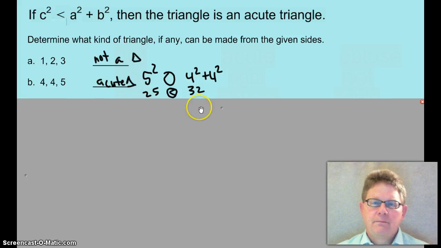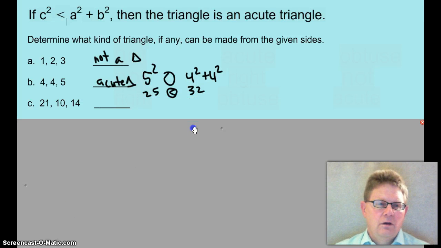I hope so. Alright. 21, 10, and 14. 10 plus 14 is 24. That's more than 21, so you can make a triangle. Let's find out what kind. 21 squared, that's the biggest side, compared with 10 squared plus 14 squared.